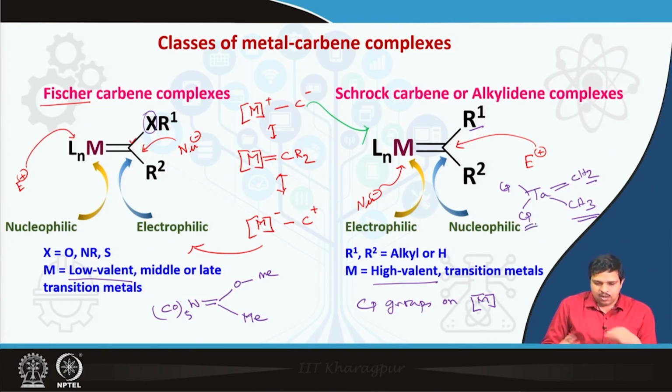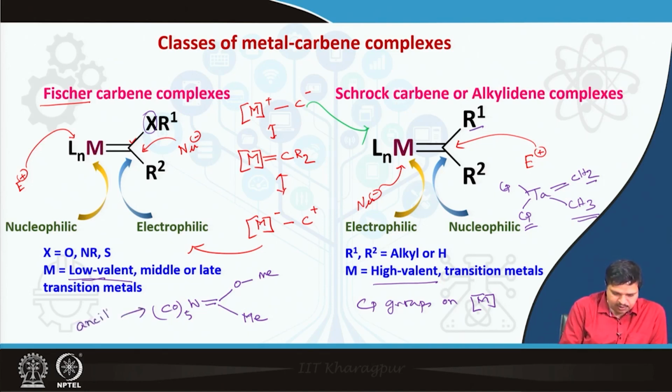Now for the Fischer carbene, as it is low valent, generally good pi acceptor ligands, as an example carbonyls and phosphines, are on the metal as ancillary ligands, because the metal is low valent.